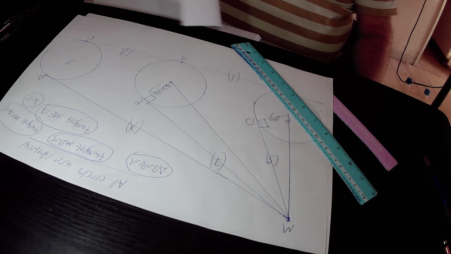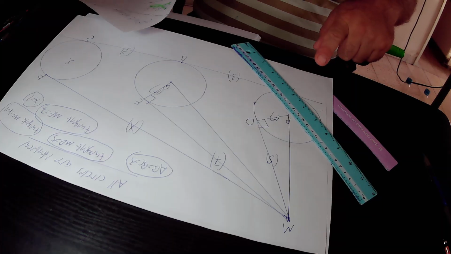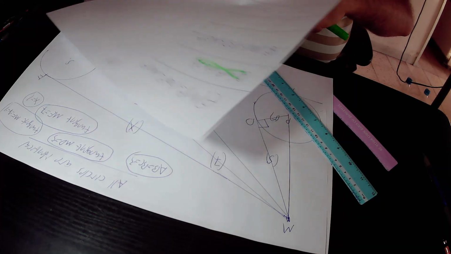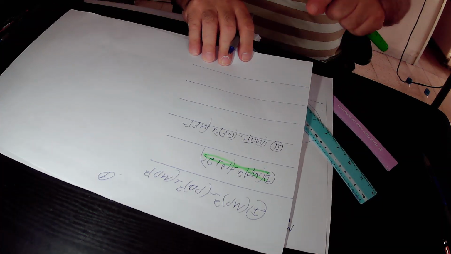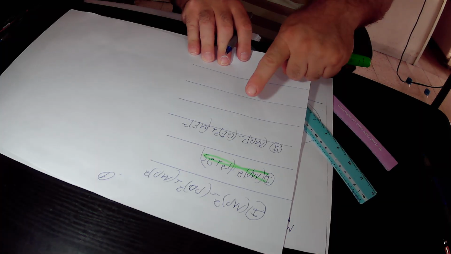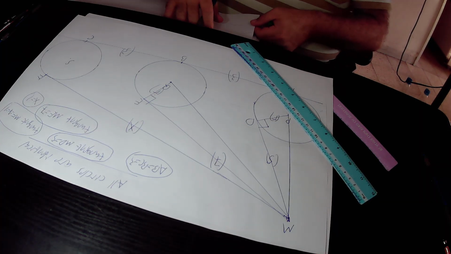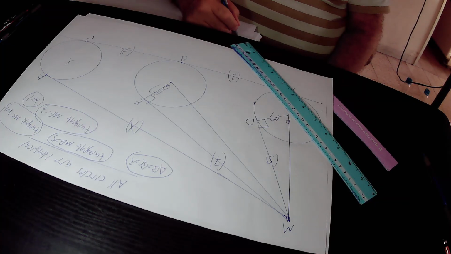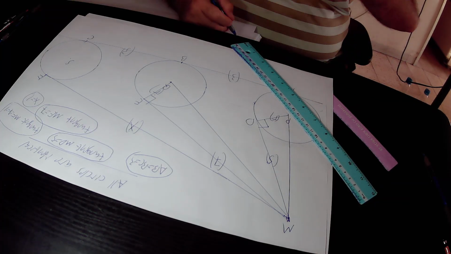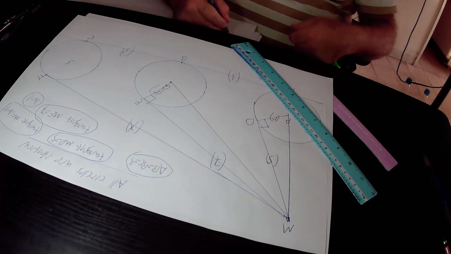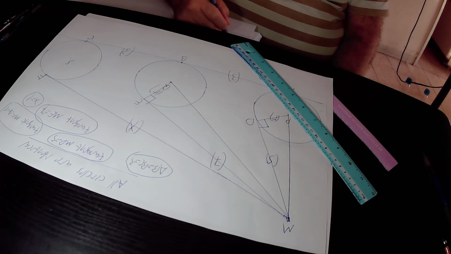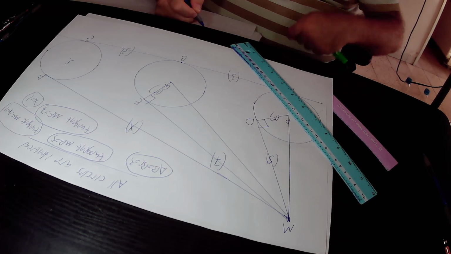Again, according to the Pythagoras theorem in the right triangle MQE, MQ squared, that is the square of the hypotenuse, equals QE squared plus ME squared. MQ is the missing side, so leave it as it is, so it is MQ squared equals QE squared.